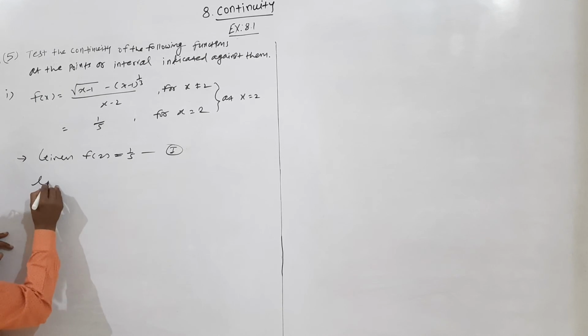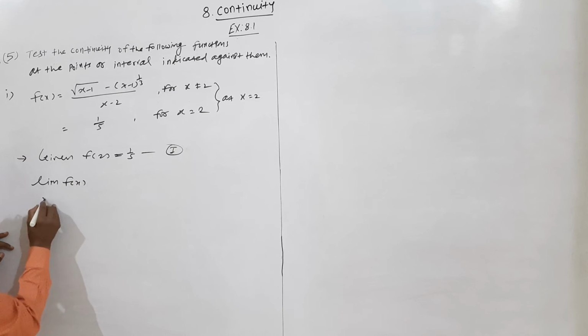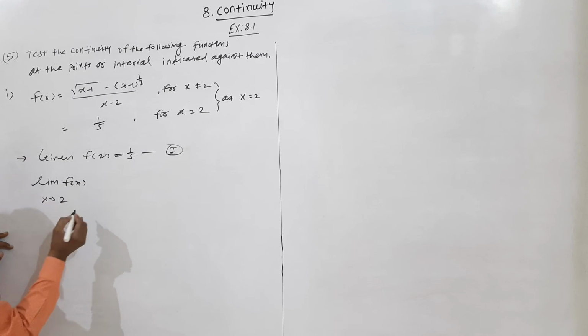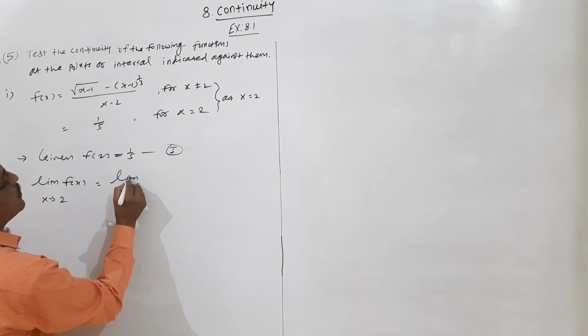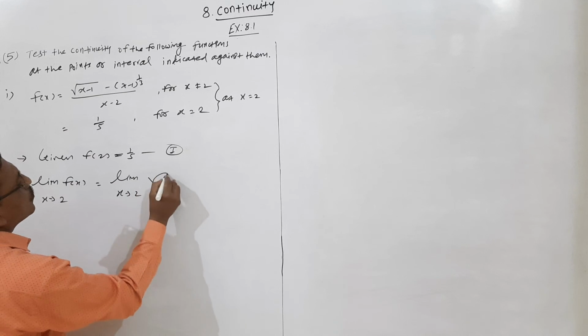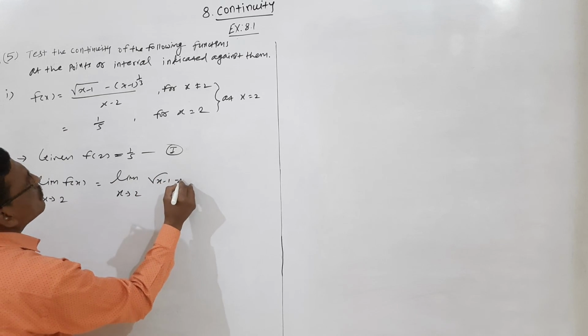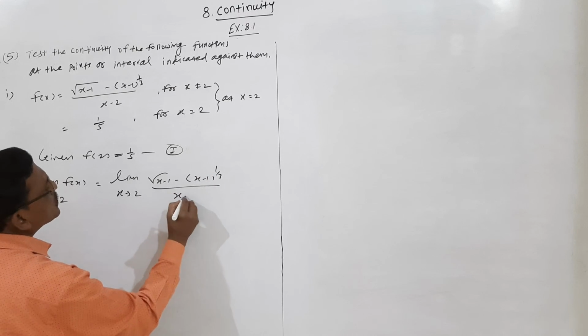Now the limit of this function as x tends to 2 is equal to the limit as x tends to 2 of (x minus 1) raised to 1 by 2 minus (x minus 1) raised to 1 by 3, divided by x minus 2.